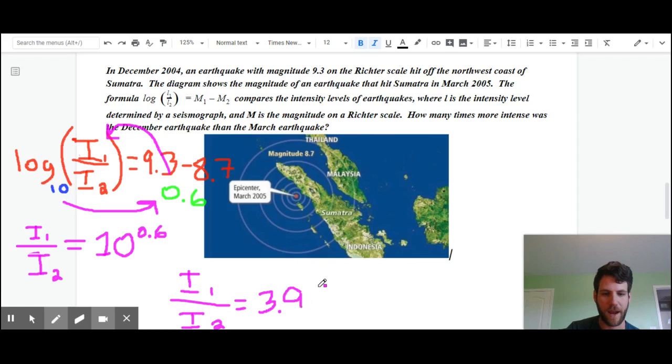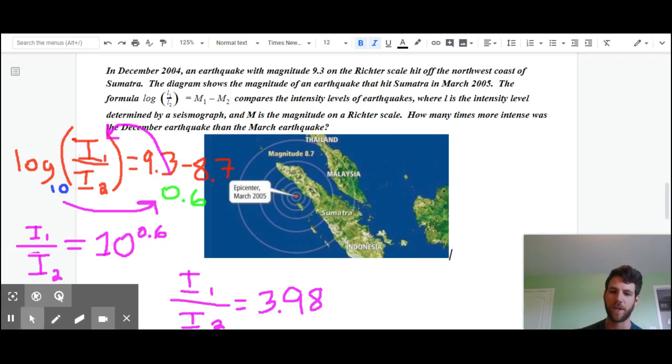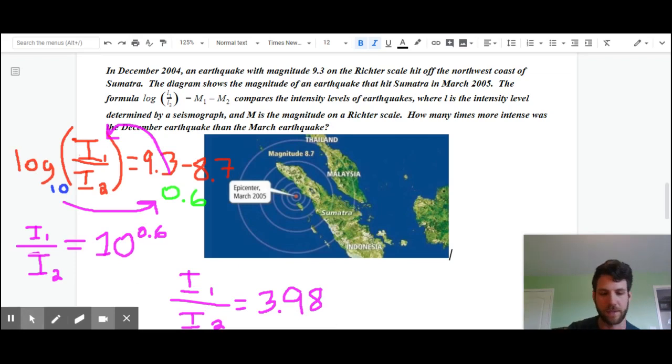So if you have a fraction and you don't know either I1 or I2, but we know that if you divide the top one by the bottom one, the answer is 3.98, that tells us two things. The first thing is the top of the fraction is obviously bigger. When you do division, if you get a number bigger than 1, the top is definitely bigger. We can also say that the intensity of the first one is 3.98, or about 4 times more than the intensity of the second earthquake.